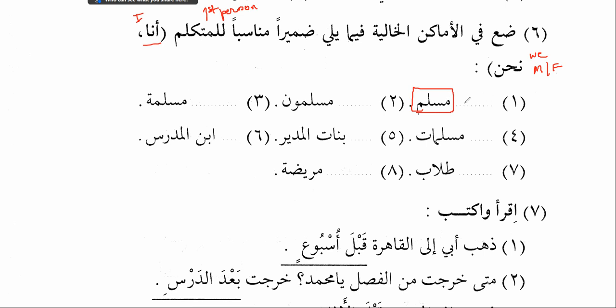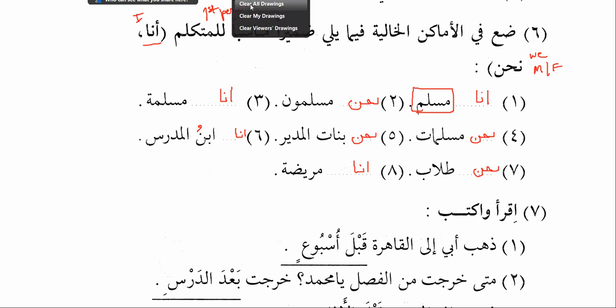So Muslimun ana, then Muslimun nahnu, Muslima ana, Muslimat nahnu, Banat is plural, feminine, so nahnu, and Ibn is single, so ana, Tullab nahnu, and Marida ana. So this is easy. Let's do the next question here.